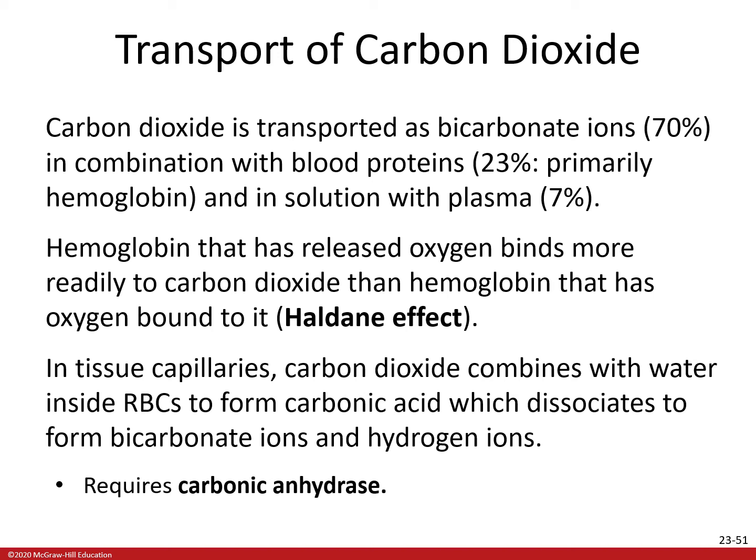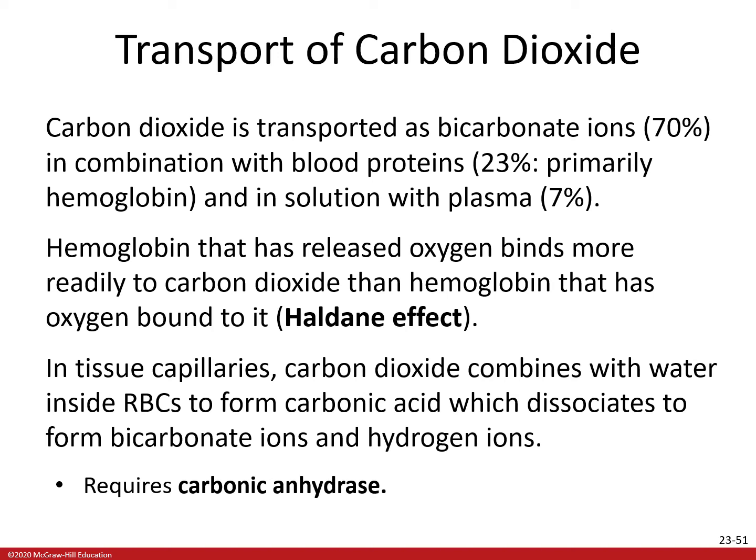So, starting with the transport of carbon dioxide, this is specifically a byproduct of the breakdown of glucose when cells use oxygen to produce ATP. That creates carbon dioxide, so that is a waste product. Carbon dioxide can be transported in 3 ways. Dissolved in plasma, that's about 7%.